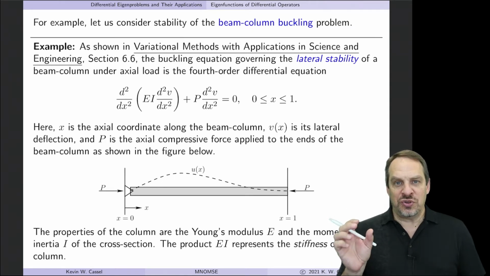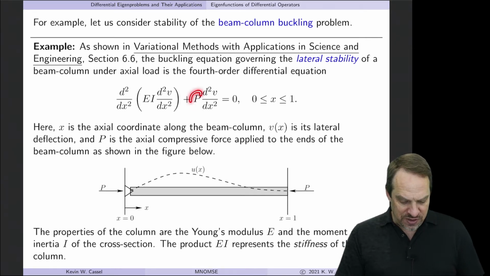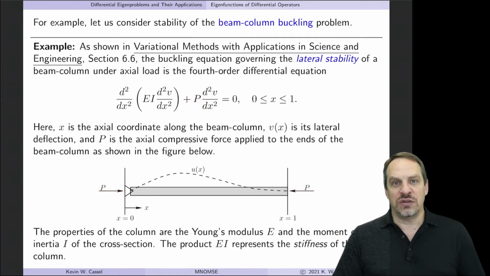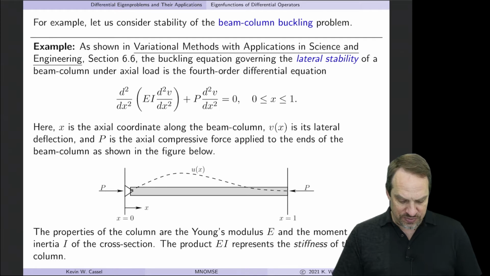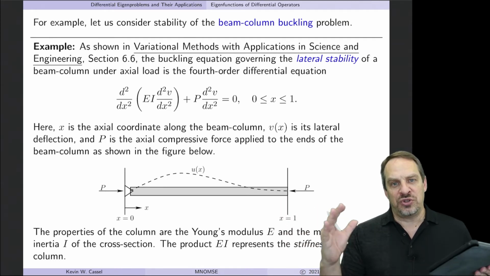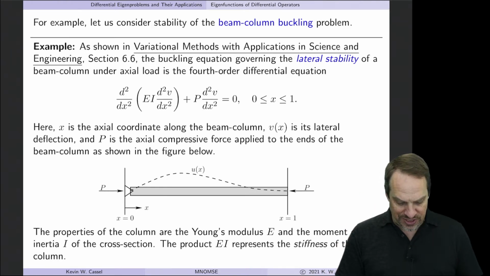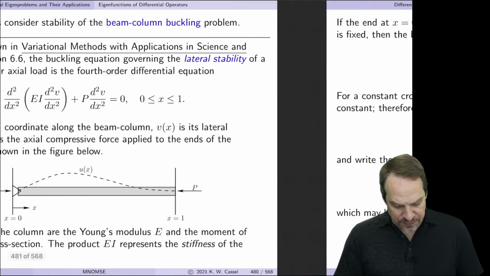The product of the two, E times I, represents the stiffness of the beam, so how stiff is the beam to bending moments. P then is the compressive force acting on the beam or the column. So as we increase the compressive force P, how much do we need to do so before it buckles, before it becomes unstable? That's the question we want to answer.